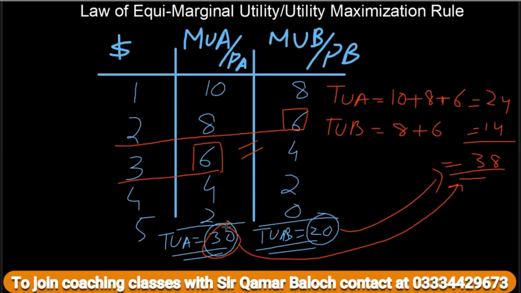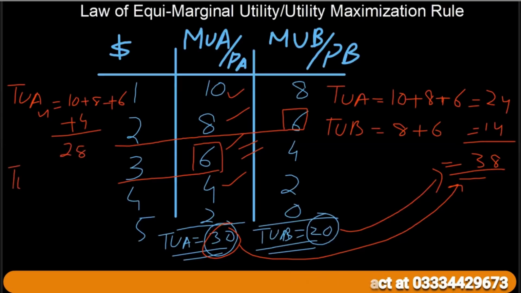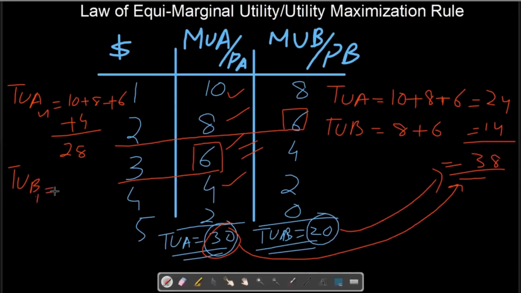If the consumer spends $4 on product A, then the total utility from product A for 4 units would be 10 plus 8 plus 6 plus 4. Total utility from product A would be 28, and now he has only $1 to spend on product B, so his total utility from product B by spending only $1 is 8 units.